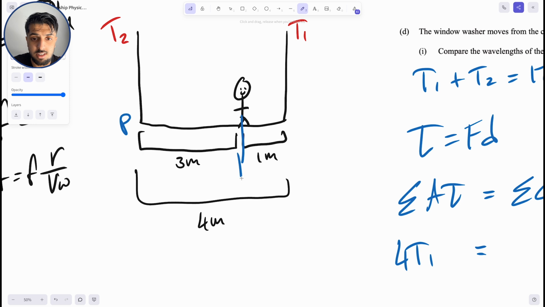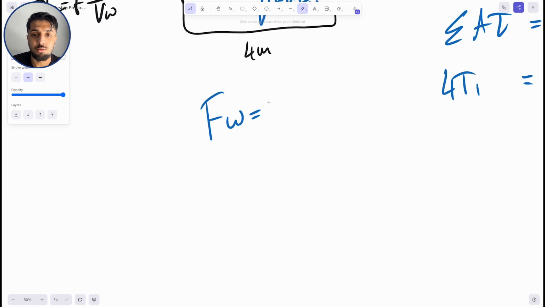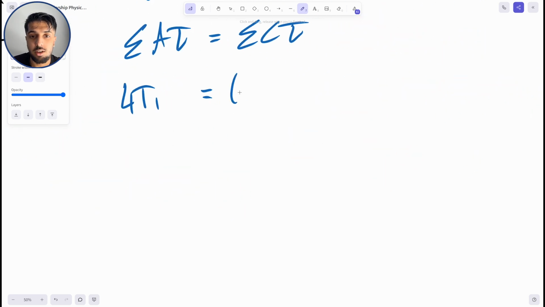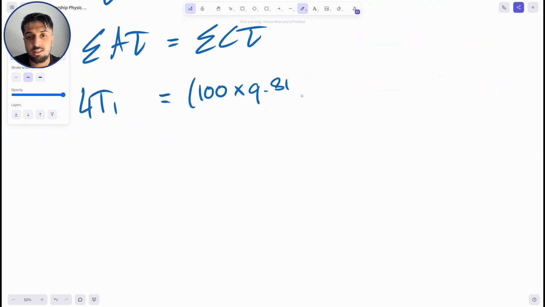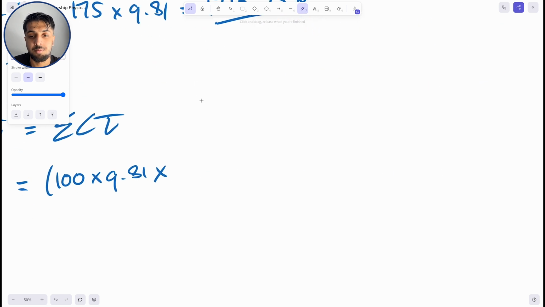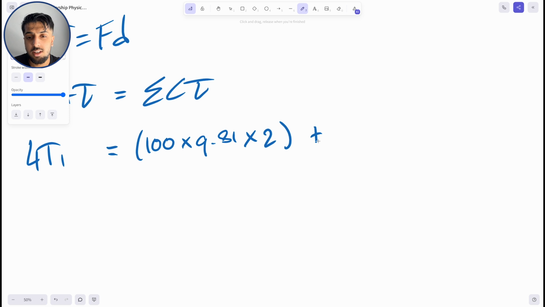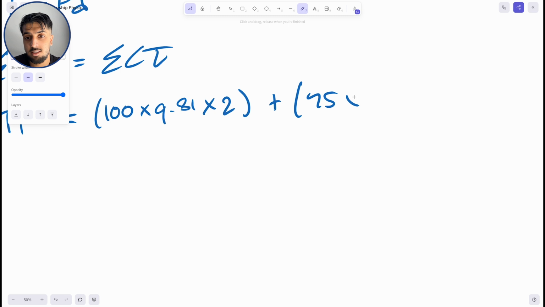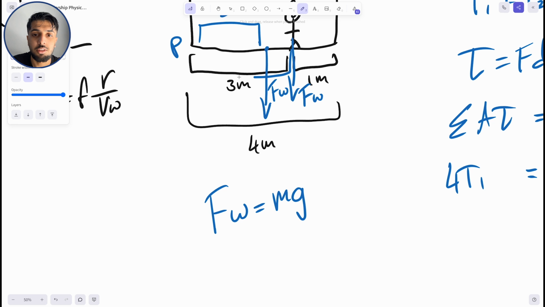Now the clockwise torques are the weight force of the window washer and the weight force of the cradle as well, and as we know, weight force is equal to the mass times the acceleration due to gravity, and therefore the torque from the cradle is going to be 100 kg times 9.81 times the distance from the pivot, which is 2 meters, plus the torque produced by the window washer, which is going to be 75 for his mass times 9.81 times the distance from the pivot, which is 3 meters.